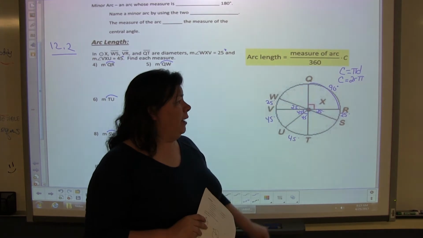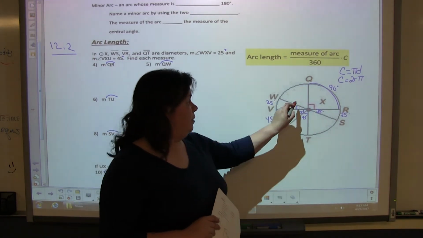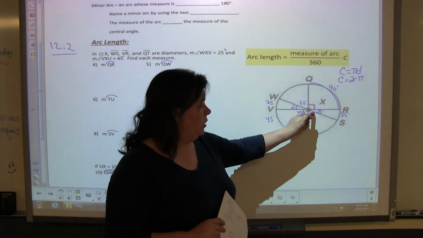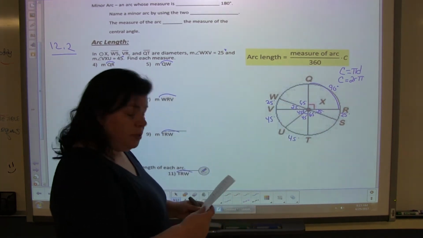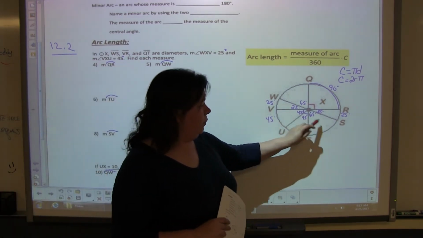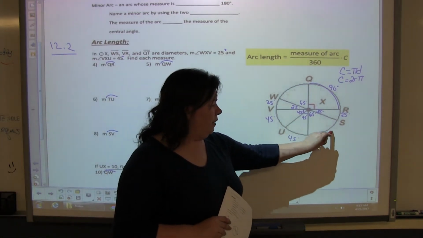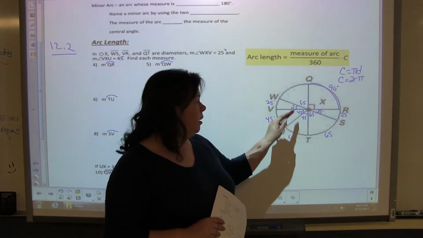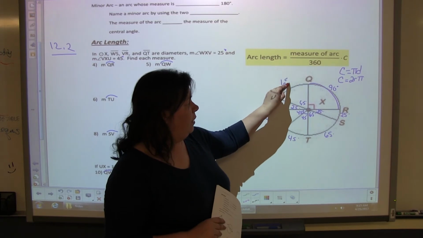So 25 minus 90 will leave us with 65 degrees, which means its vertical angle is also 65 degrees. Okay, so now if you look here, this is 65 degrees for this arc, because again, it's a central angle and it's equal to the intercepted arc. This also is 65 degrees.